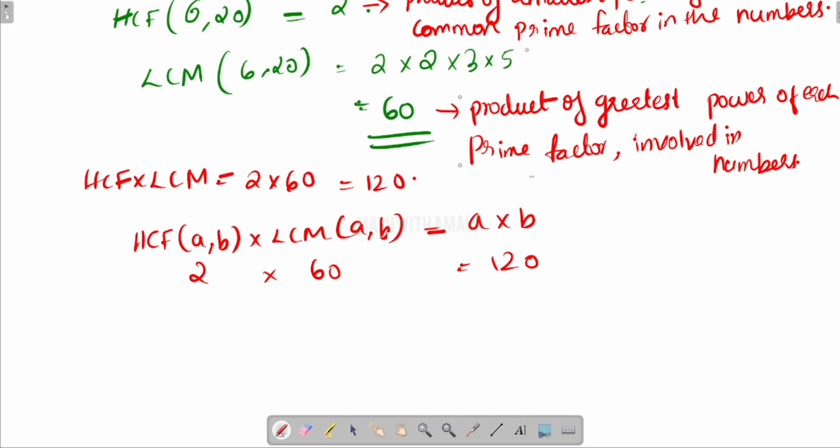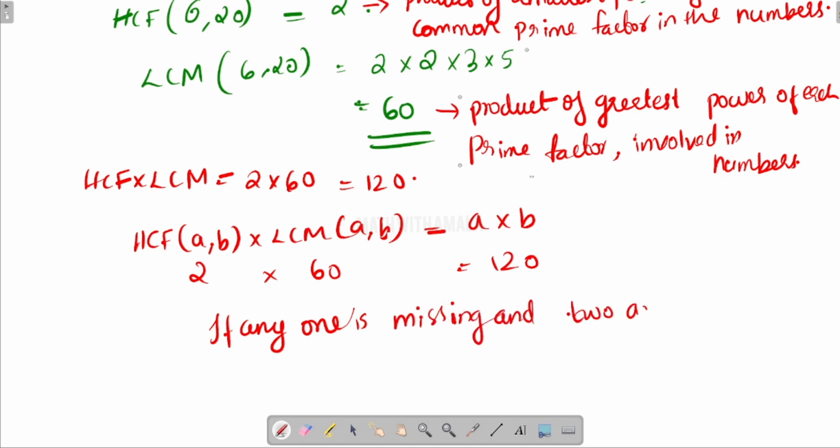This is a common result for two integers or two natural numbers having an HCF and LCM. The product of HCF and LCM is always equal to the product of the numbers. HCF into LCM is equal to A into B.